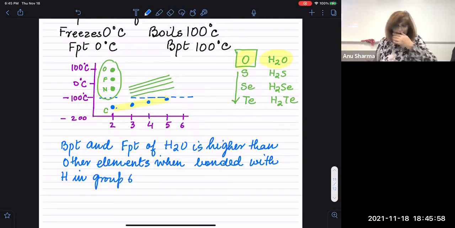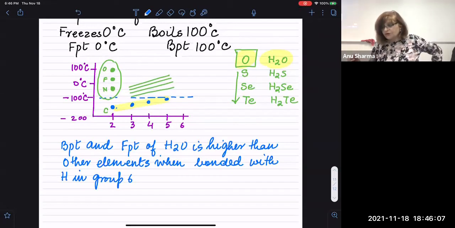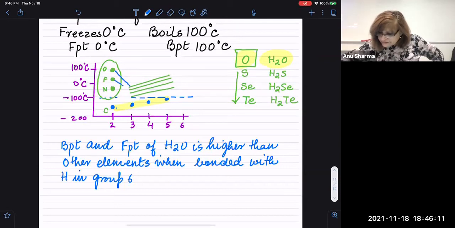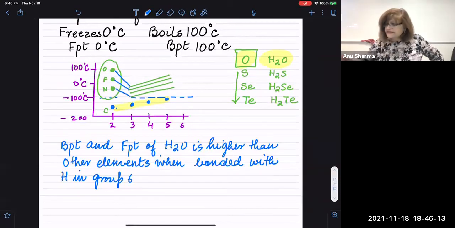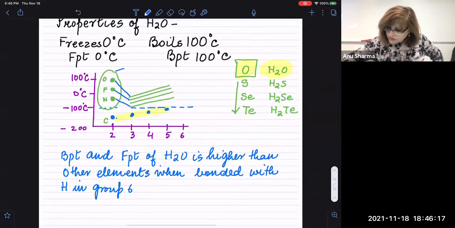Okay, so the group 6 ones, the same thing applies to ammonia also. Same thing with ammonia and HF also. They are all higher up like that. So it's not the exact diagram, but it just gives you an idea that they should be lower.